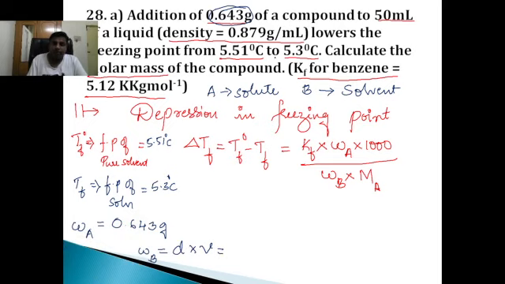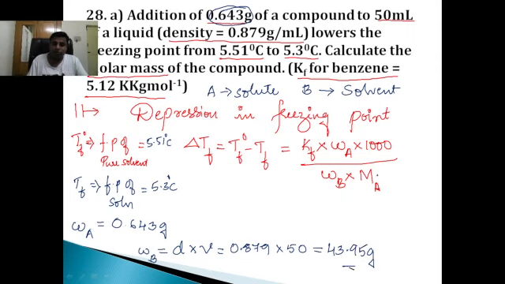Look here, density is given how much? 0.879. Volume is given as 50 ml. So you'll get WB: 0.879 into 50, so it is 43.95 gram. So everything is there.